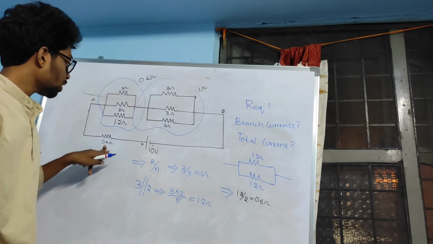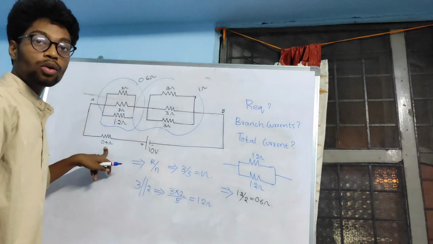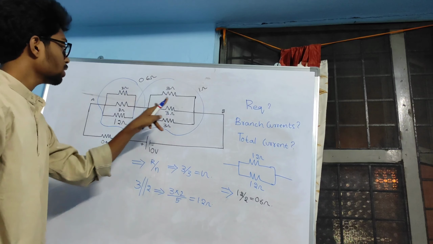Here we have 0.4 ohms in series connection with these two equivalents.